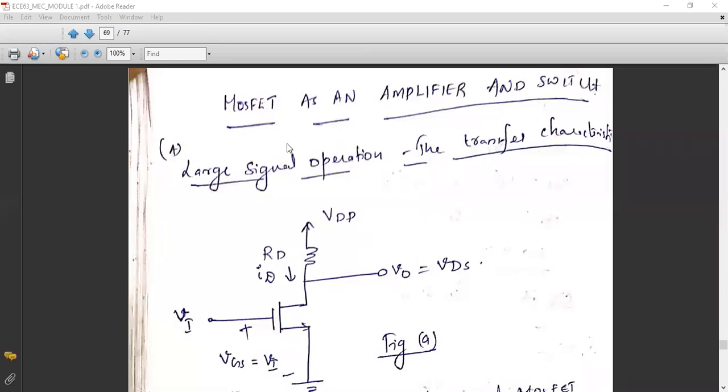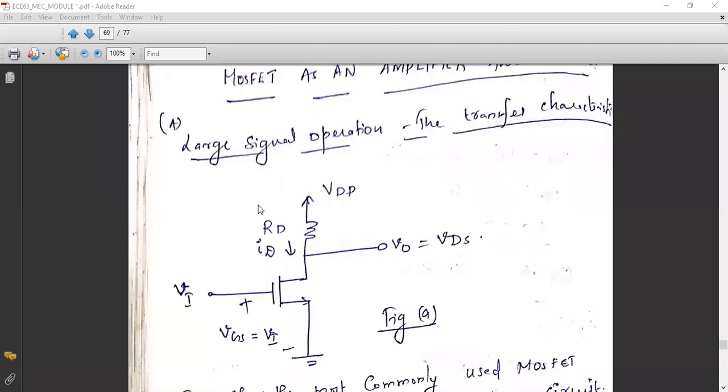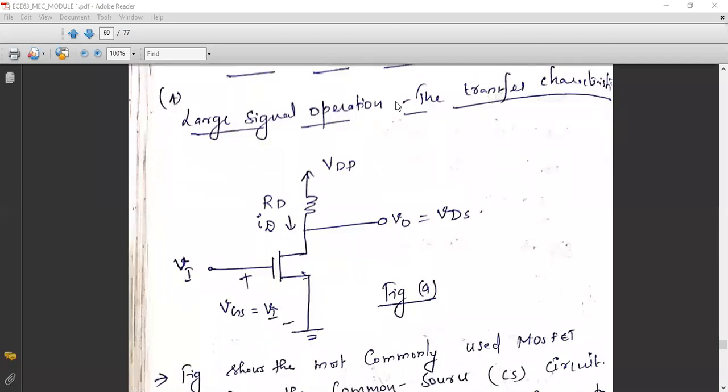Take down this figure. This circuit consists of a MOSFET in a common source configuration. You know that this is the source terminal, this is drain and this is gate. As you can see, the source is common for both the input and output side. So this is called CS configuration or common source configuration.